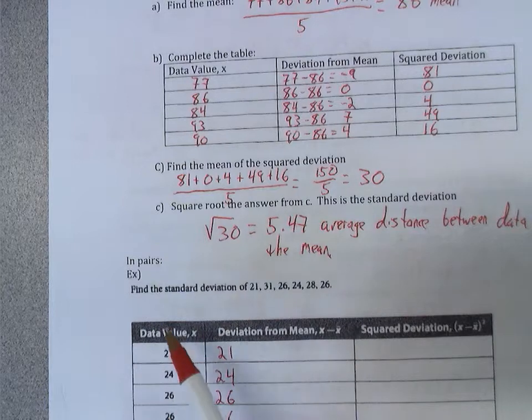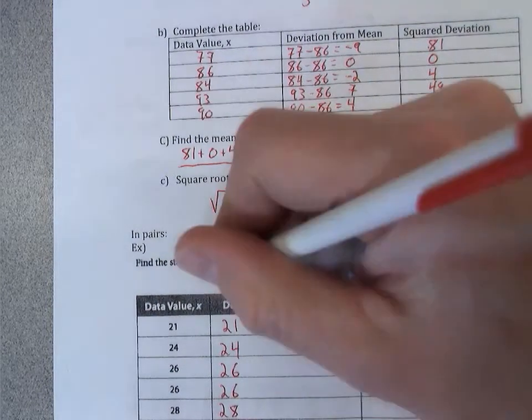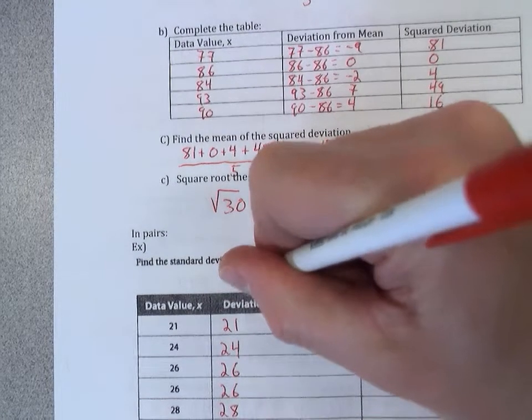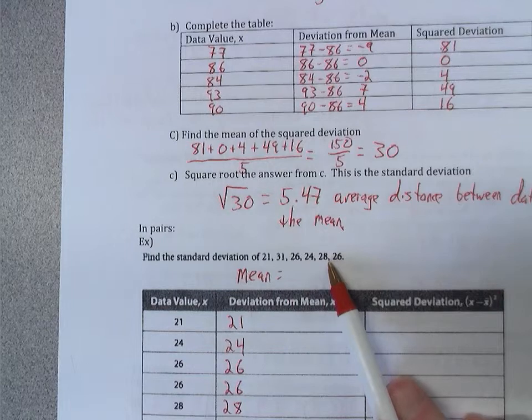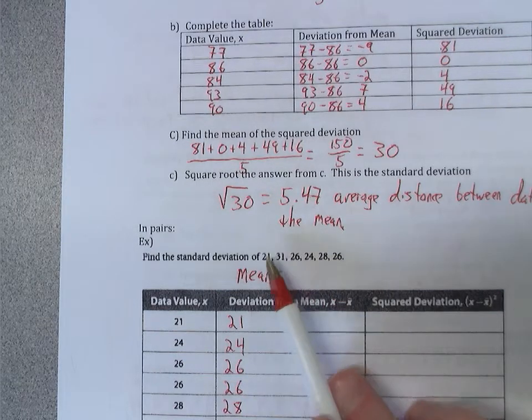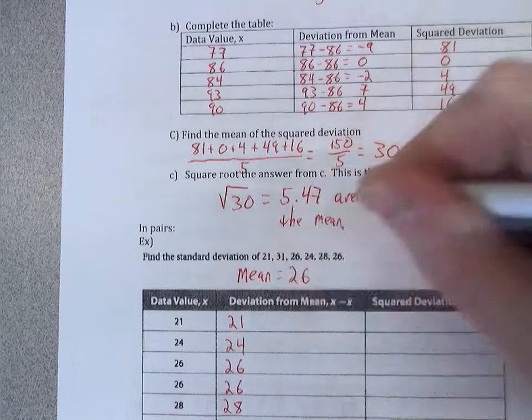So now let's look at this next example. Find the standard deviation of this data. First thing we need is the mean. So I'm just going to calculate that quickly. The mean, if I add all these values up and divide by how many there are, which is 1, 2, 3, 4, 5, 6, we get a mean of 26.